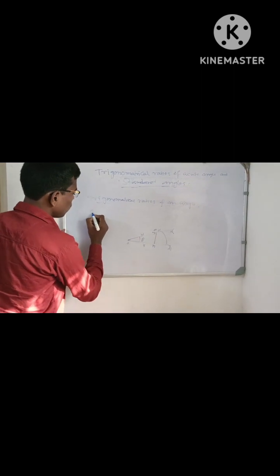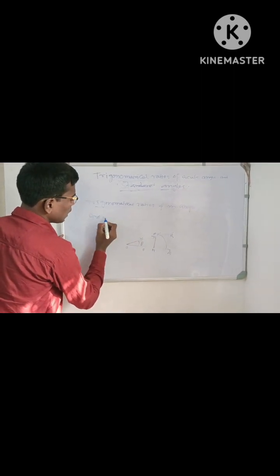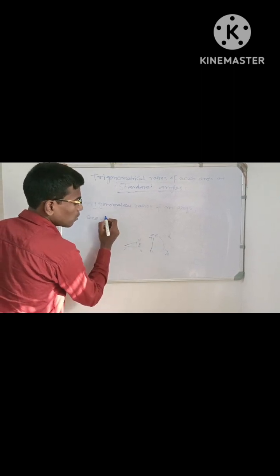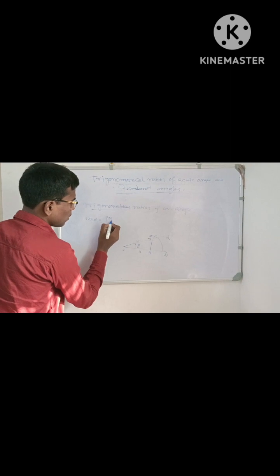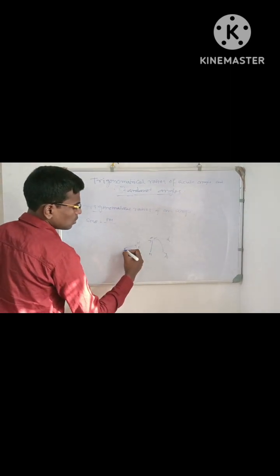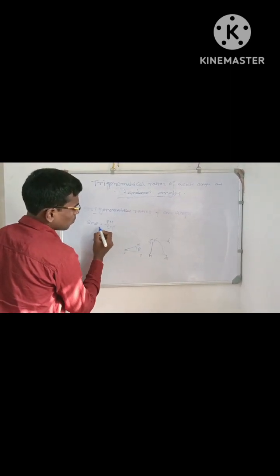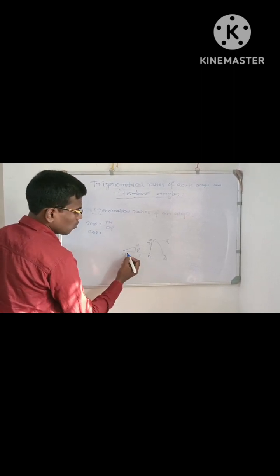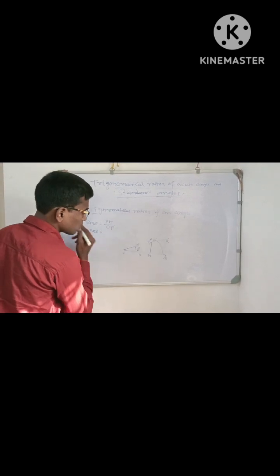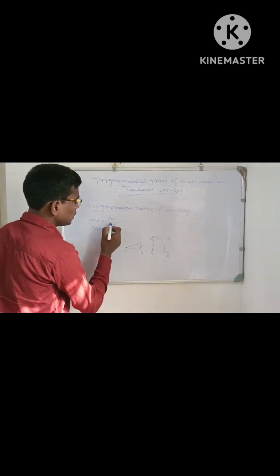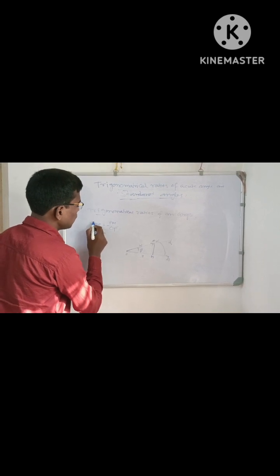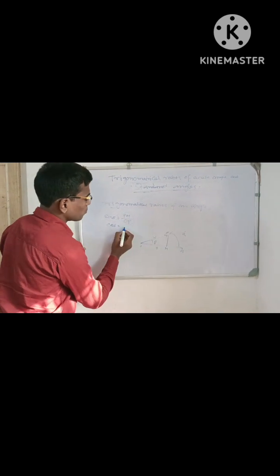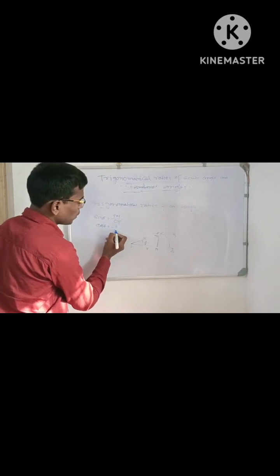We know sin theta equals perpendicular, which is PM, over hypotenuse, which is OP. Similarly, cos theta equals base divided by hypotenuse.